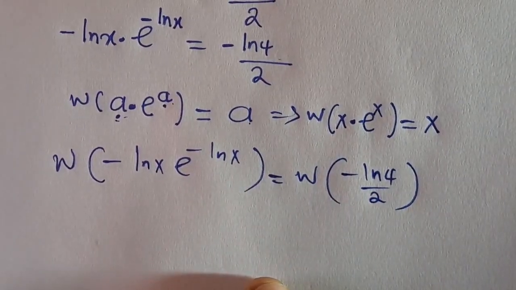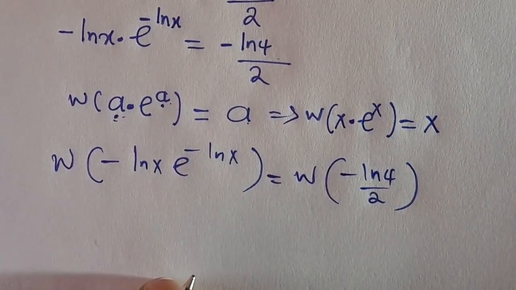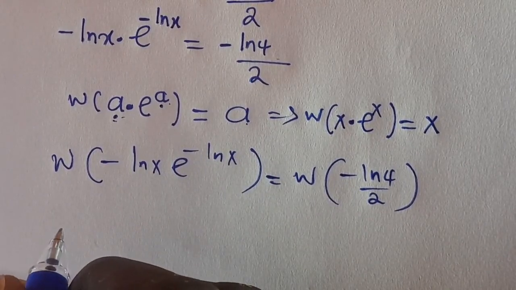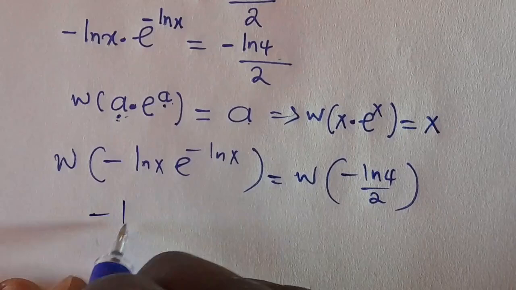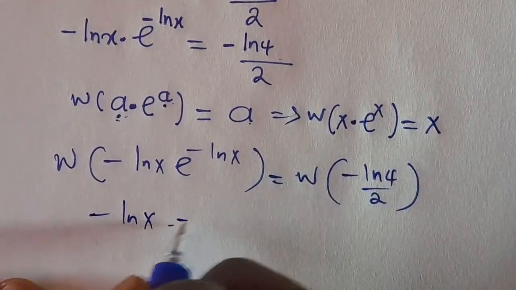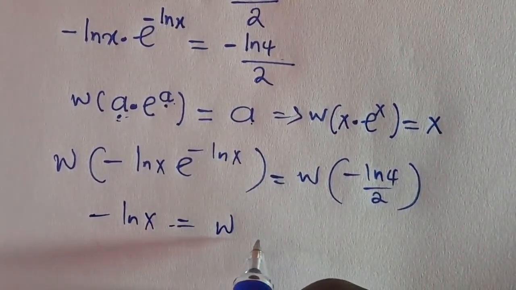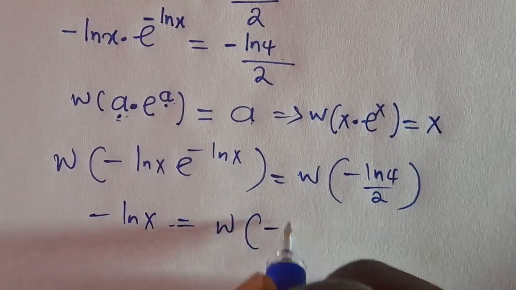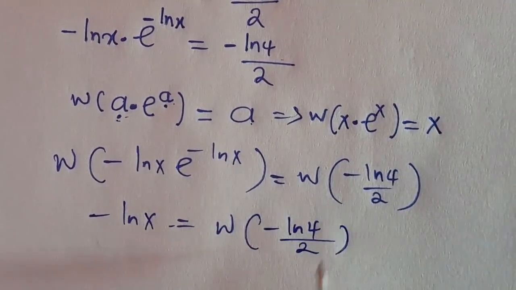And obviously, from here, we are going to have minus ln x equals W of minus ln 4 divided by 2.